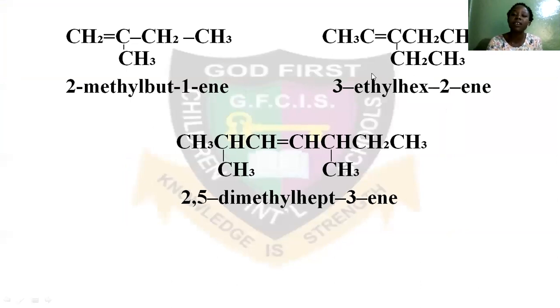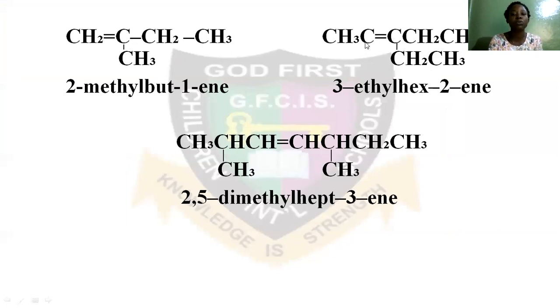So consider this other one you have here. Let's count the chain. The parent chain is 1, 2, 3, 4, 5, 6, that is hex. Now, where would the double bond be located? On carbon 2. If you counted from the right, 1, 2, 3, 4, 4 is too big compared to 2.